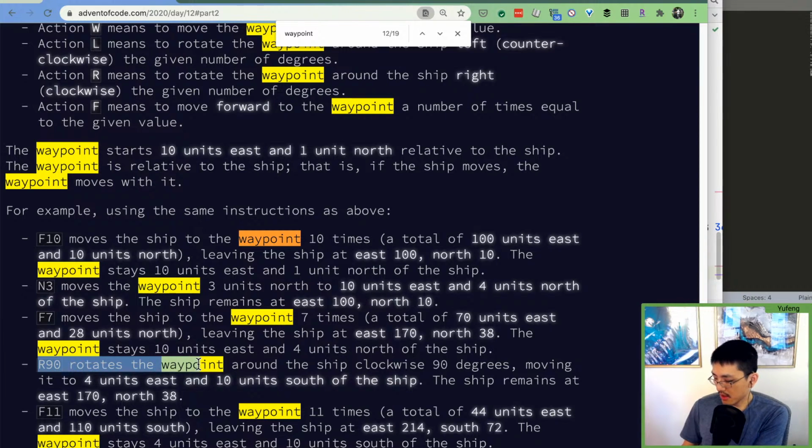Positive 90 then would be the negative 4, positive 10. And 180 switches both signs without switching their places, right? It's negative 10, negative 4, negative 4, positive 10, positive 4, negative 10, positive 10, positive 4.